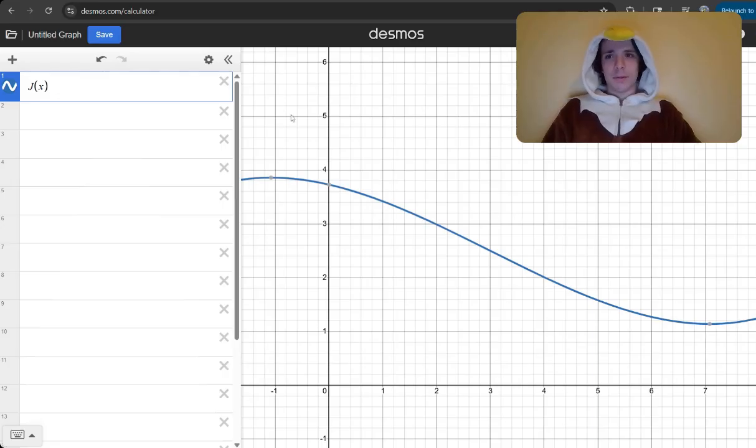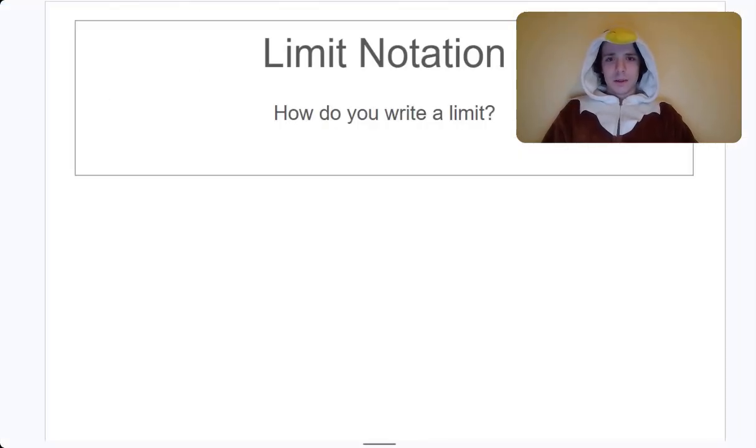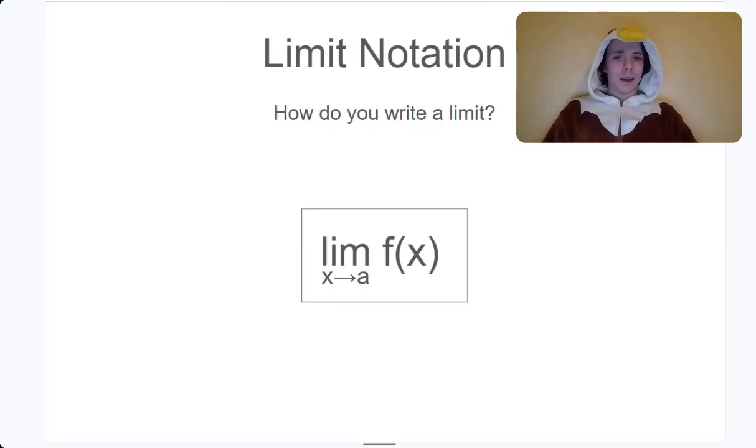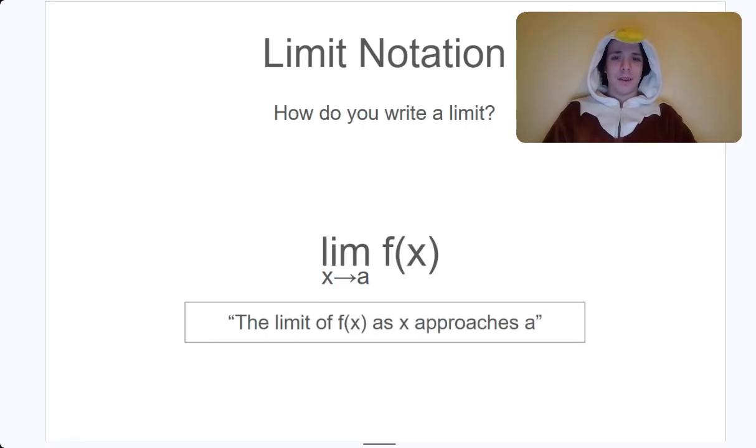Now, how do we actually write this? We use limit notation, and limit looks like this. If you have a function f of x, you're going to write lim for short, and then x with an arrow pointing to a. In words, you could say the limit of f of x as x approaches a.